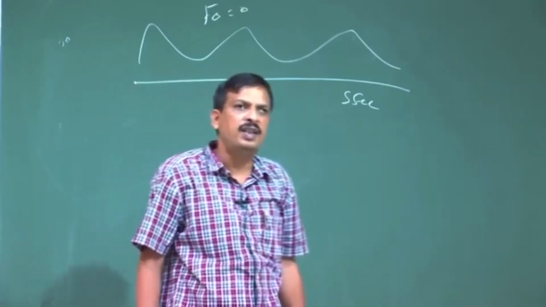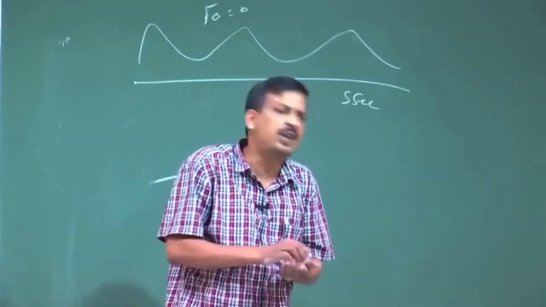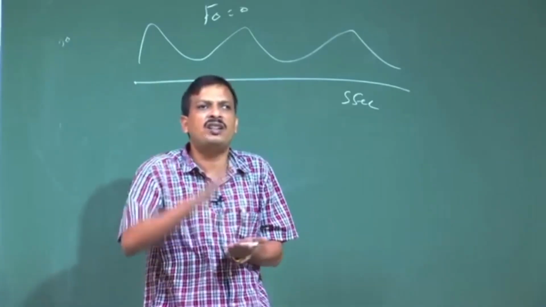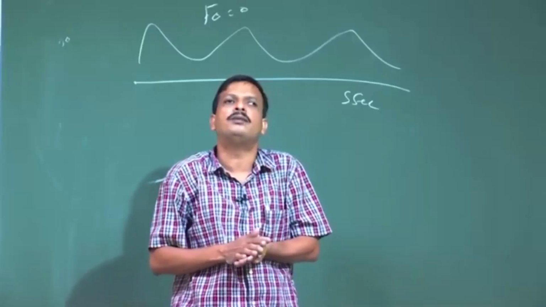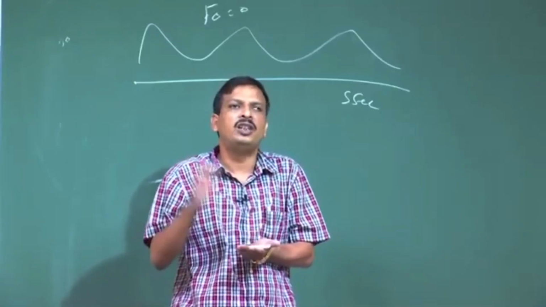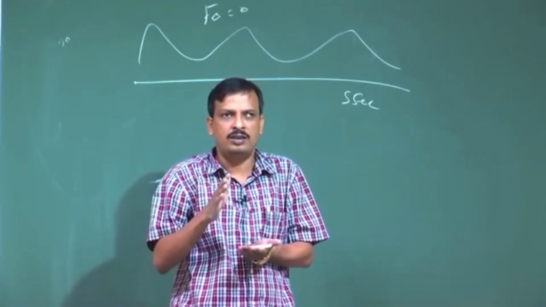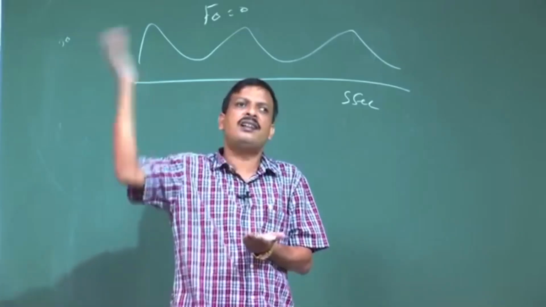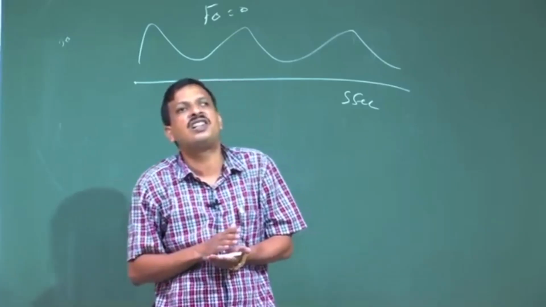In singing also, if you think about singing, what is sa re ga ma pa dha ni sa? Sa is the base frequency, and the next sa is the octave.